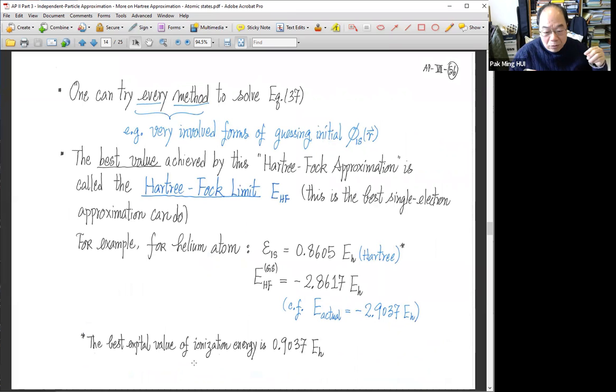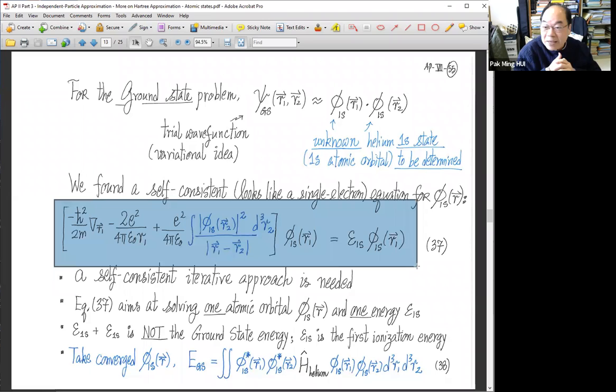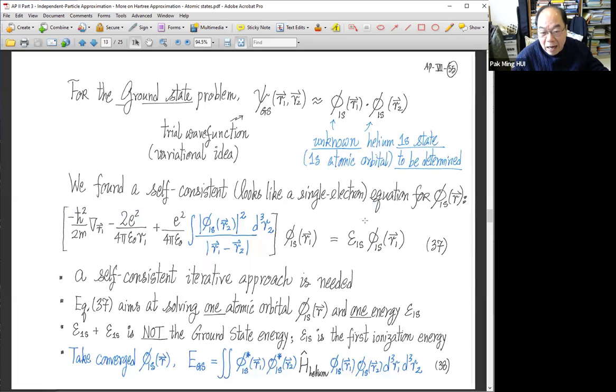So now the problem is defined. There are many attempts in solving this problem in an iterative way, okay? Now, some lazy way will be, I take a function, I put in 1 or 2 parameters in there.